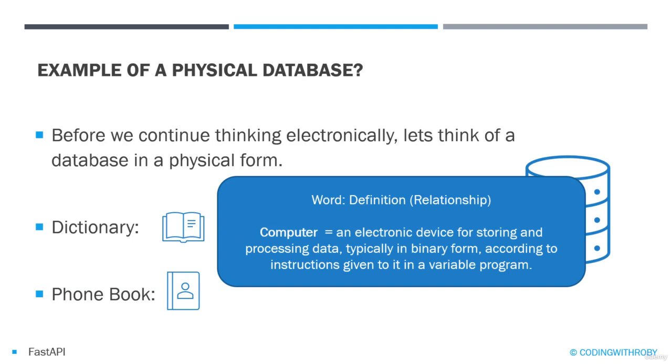For example, you open a physical dictionary to try and find a word for which you want the definition. You may open up a dictionary to look up the definition of computer. As you open the dictionary, all words will be listed in alphabetical order, and when you find computer, it will say an electronic device for storing and processing data, typically in binary form, according to instructions given to it in a variable program.